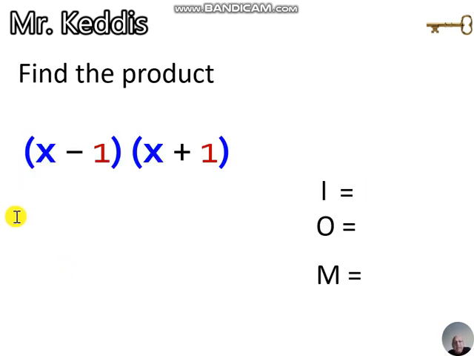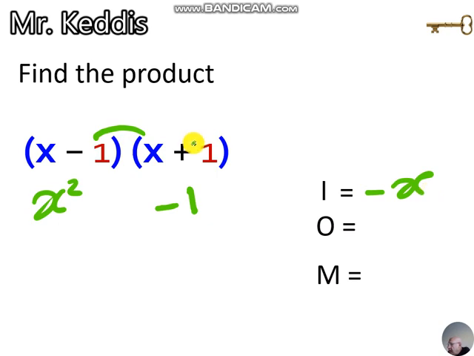To multiply x minus 1 times x plus 1, x times x, you get x squared. Last times last, negative 1 times positive 1, negative times positive, we get negative 1. The inner product here, you get negative 1x. The outer product, positive 1x.